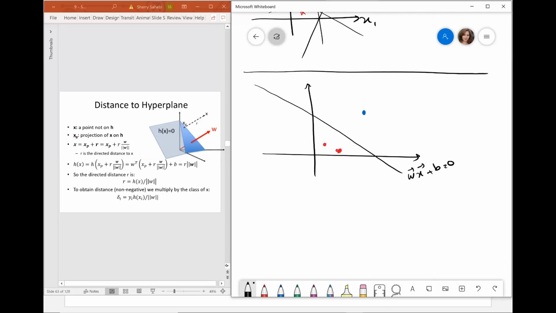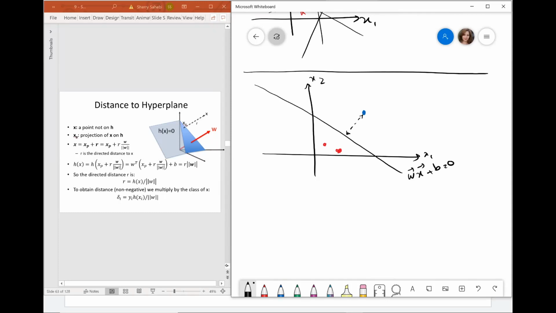Now, the margin that we want to have is going to go through these data points, for example. So if I have a data point in this space that is not on this line, I can actually calculate the distance from this data point to my line, right?